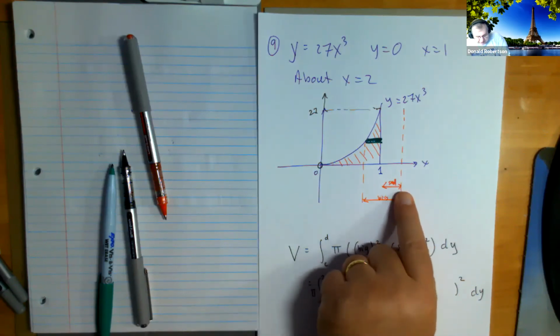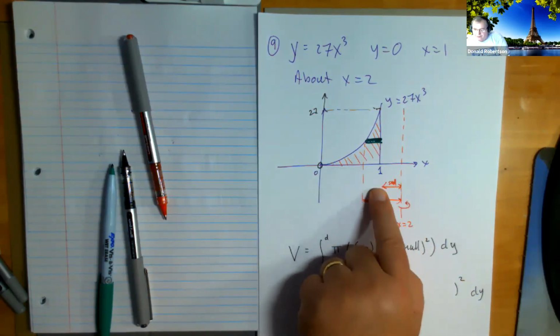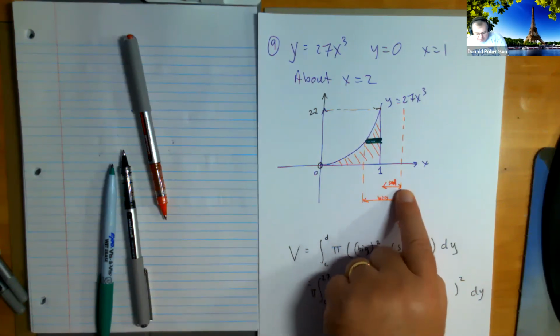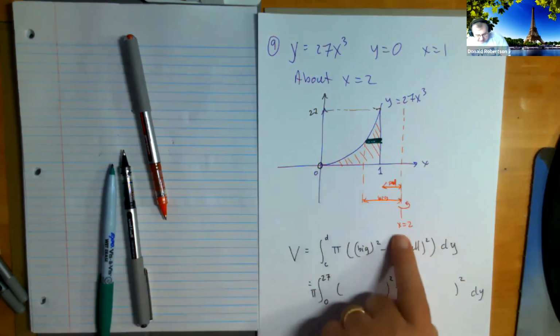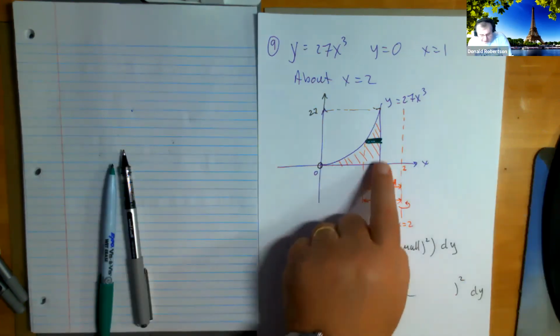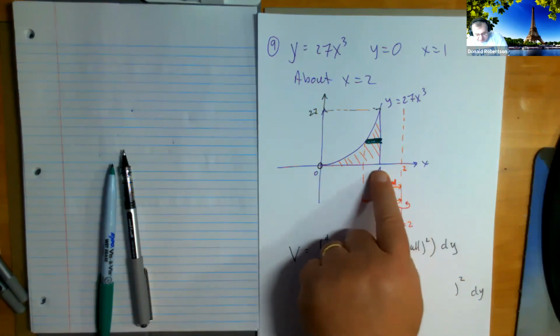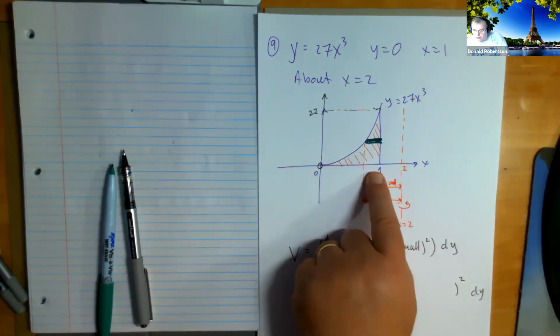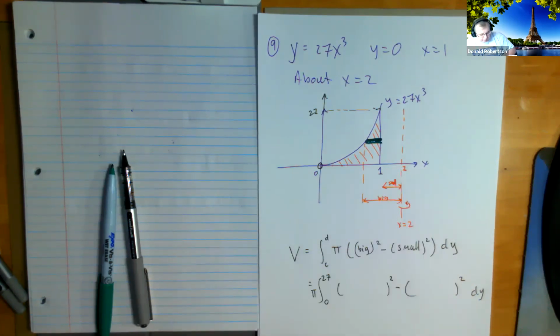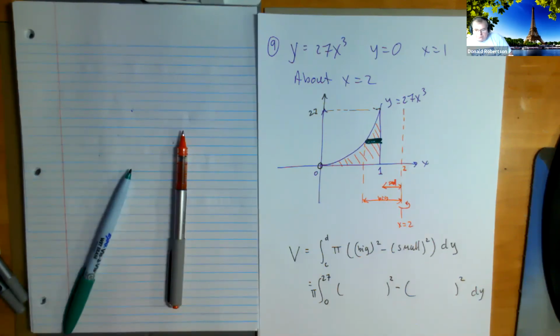The small radius is the distance from the axis of rotation to the beginning of that rectangle. Now I know this dotted line is at position 2. I know this vertical line is at 1. So there to there, that's the small radius, and that distance is what number? 1.